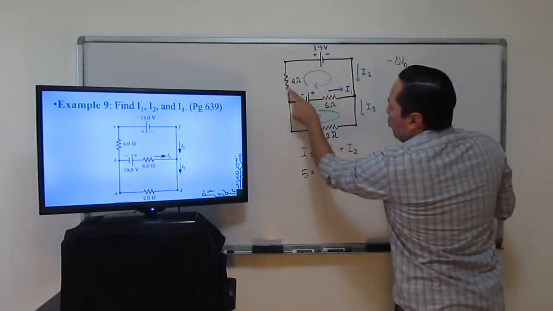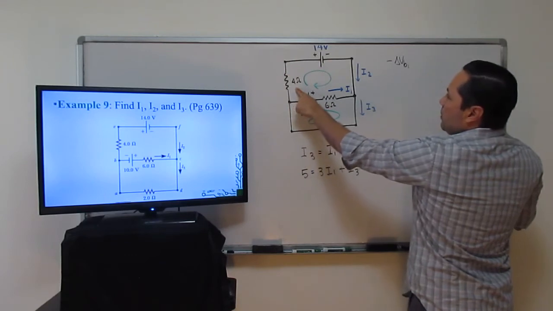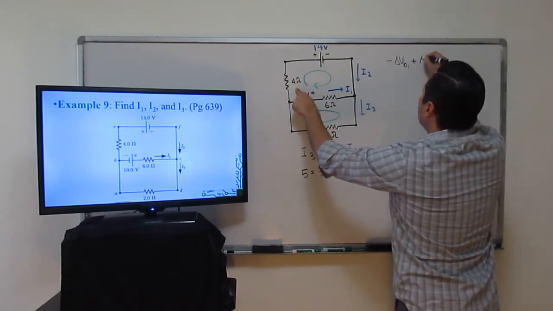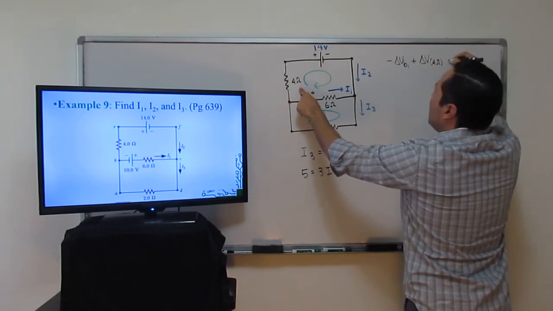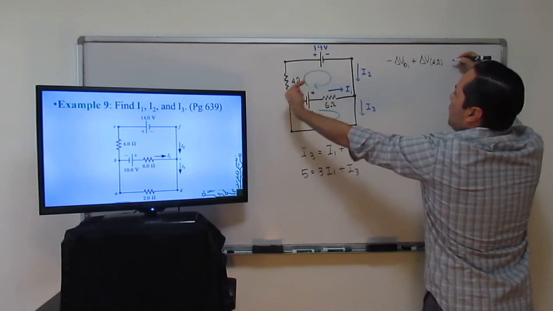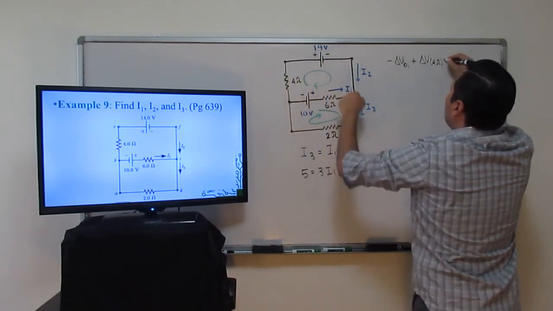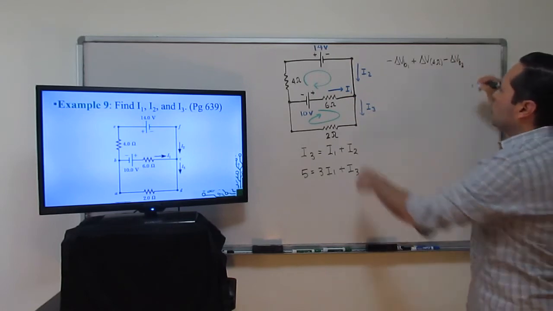As we go around here in this direction, that's going to be plus the potential difference for the 4 ohm resistor. We come around the top, and there's our battery again, but we're coming from left to right, so it's going to be negative potential energy for battery number 2, that's this one.